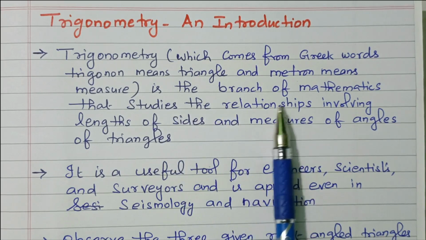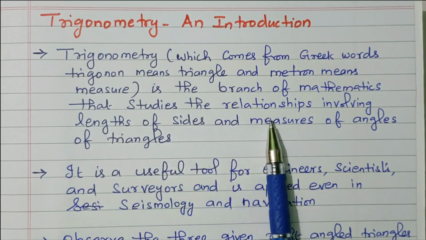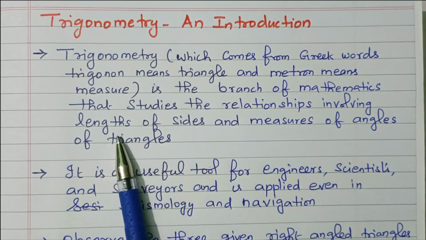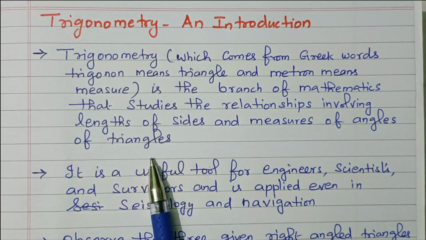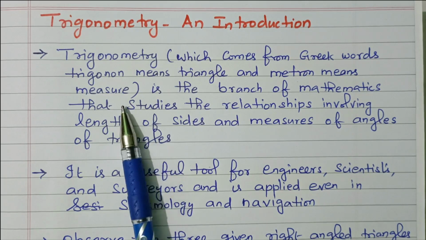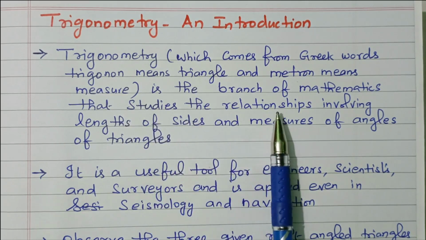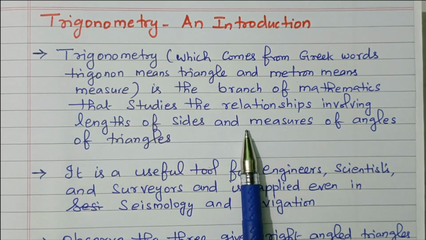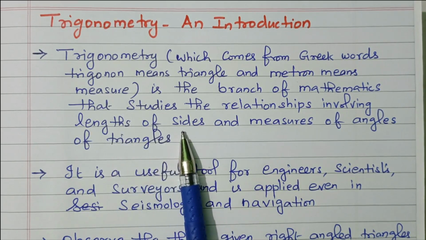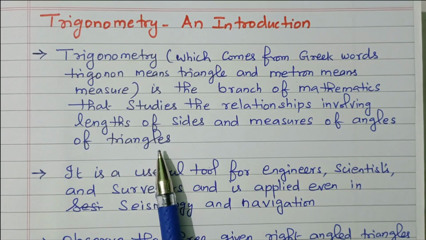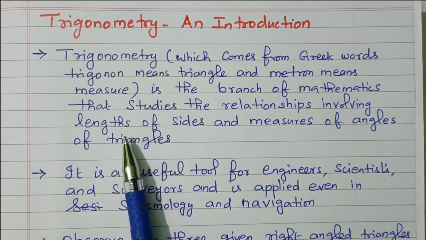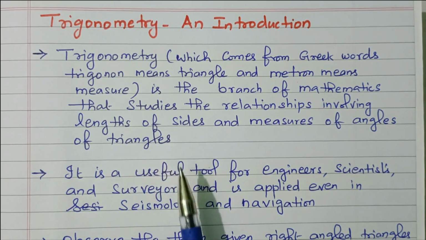It is the branch of mathematics that studies the relationship involving the length of the sides and the measure of angles of a triangle. Right? We are relating the angle of a triangle with the length of its sides.